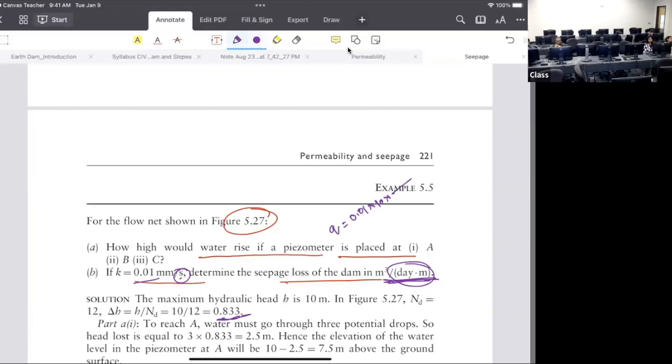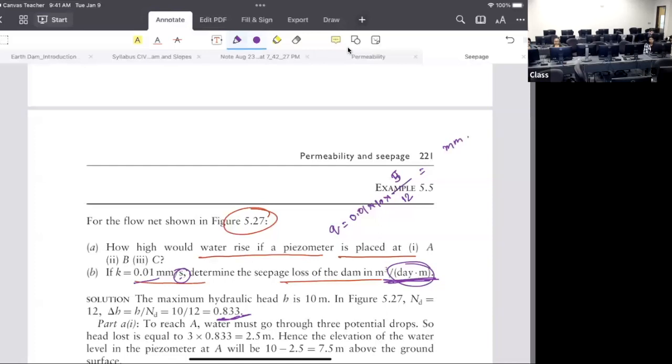How many flow lines? 4 or 5? 5. Okay, 5 over number of drops, 12. The unit is in millimeter per meter.